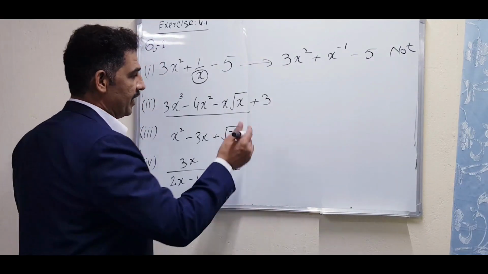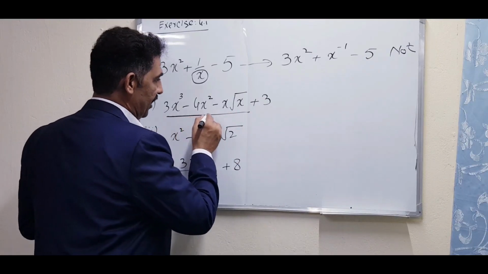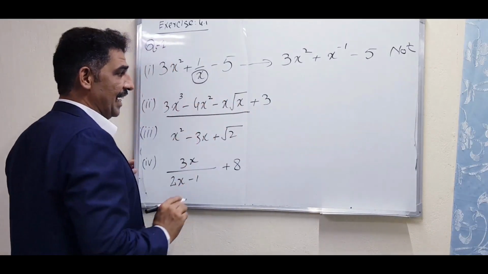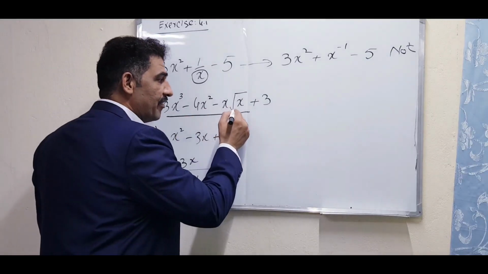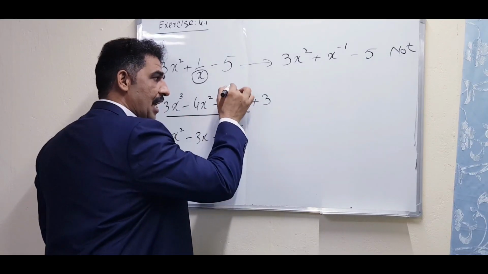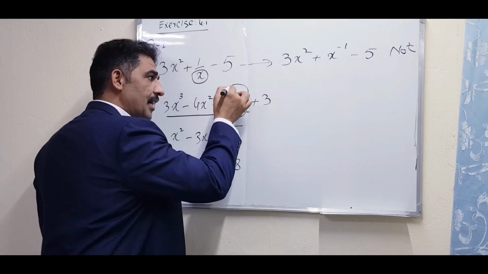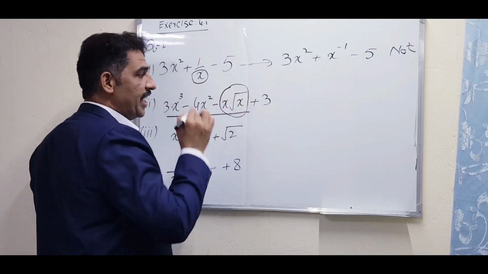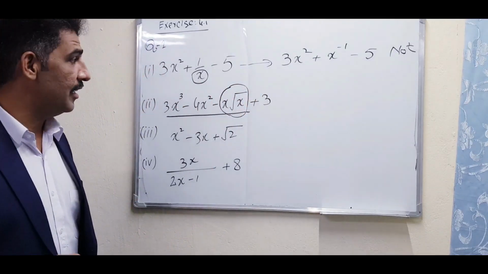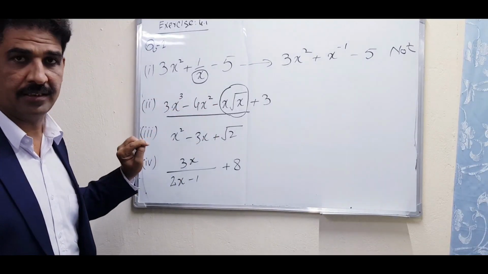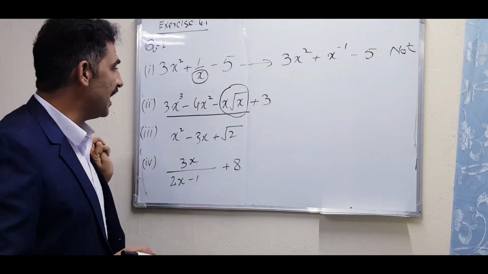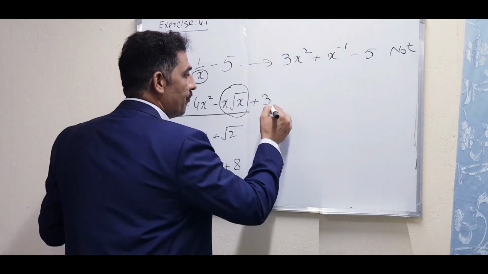Good beta. So why is it not a polynomial? Because here you can see this variable has a power that is positive but not an integer. How?